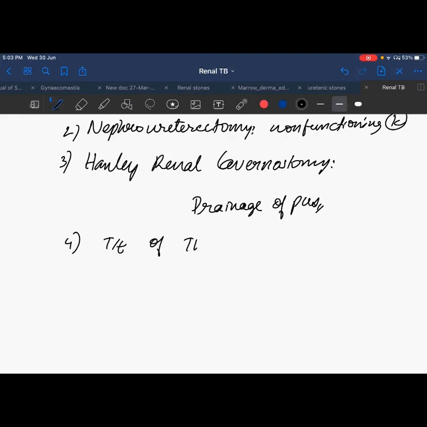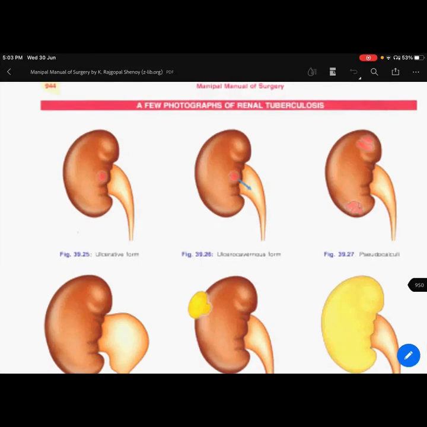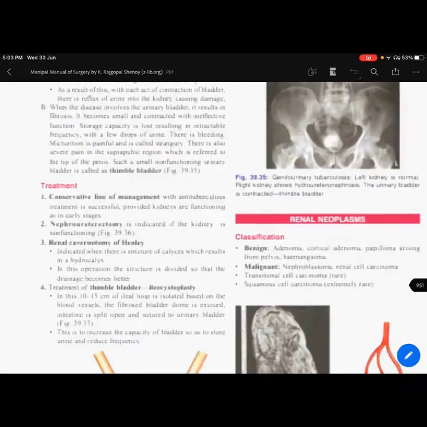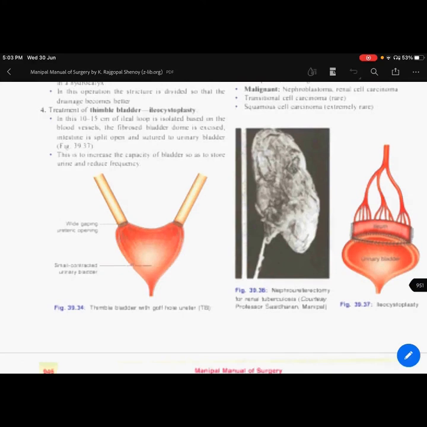Next, treatment of thimble bladder. I told you thimble bladder is a contracted urinary bladder. What is the treatment? Ileocystoplasty. What is this ileocystoplasty?